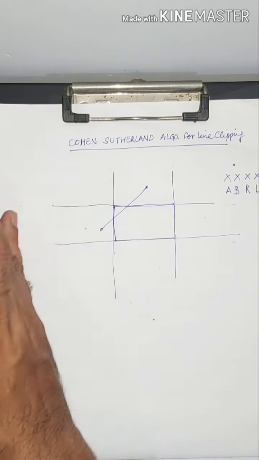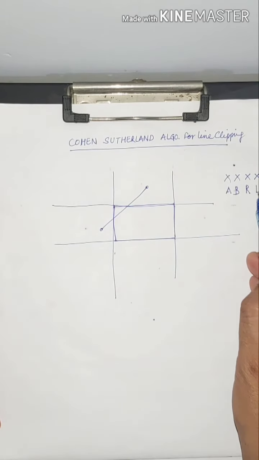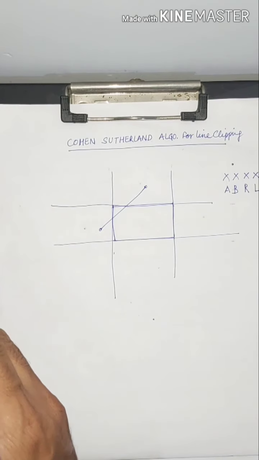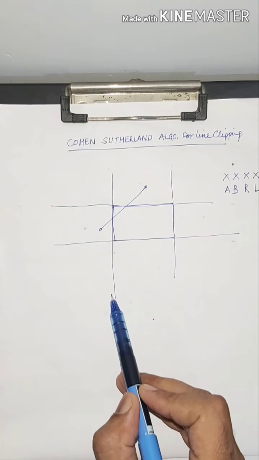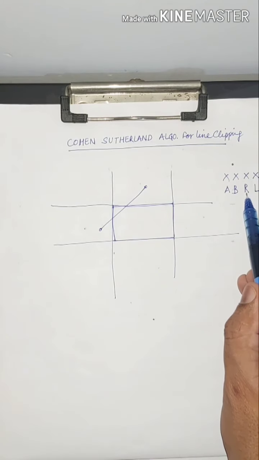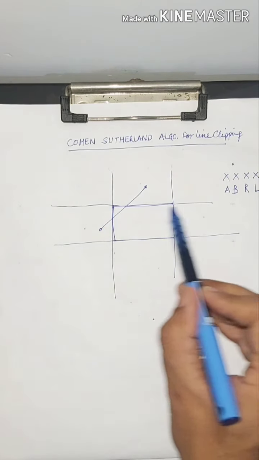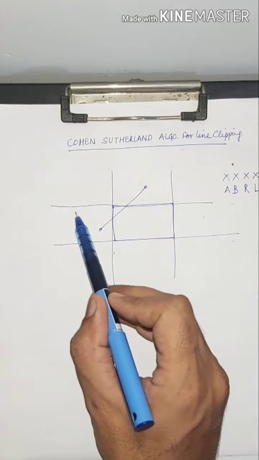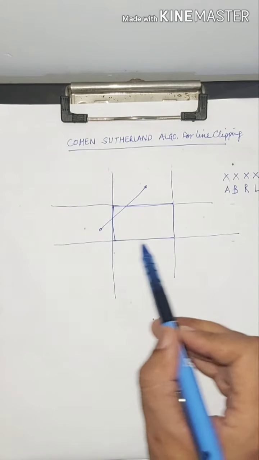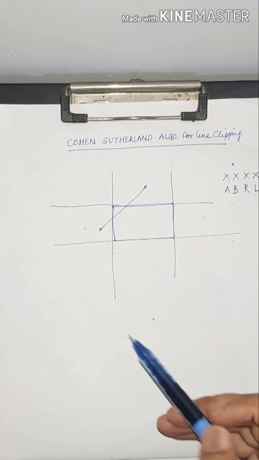So this portion is to the left of the window. This is the clipping window, and anything to the left of this line will be to the left, and anything to the right of this line will be on the right-hand side, and this is the horizontal top boundary, and anything above it will be above the window, and anything below this line will be below the window.